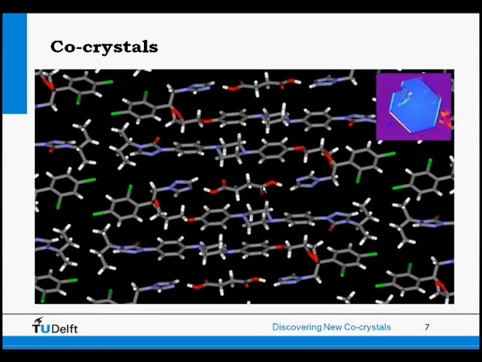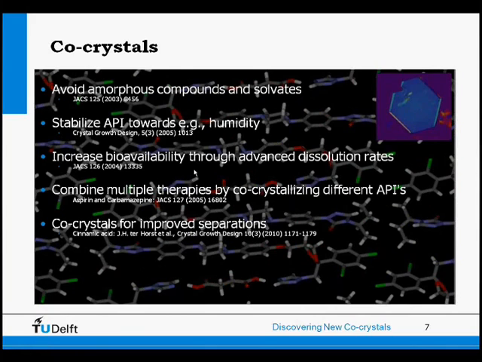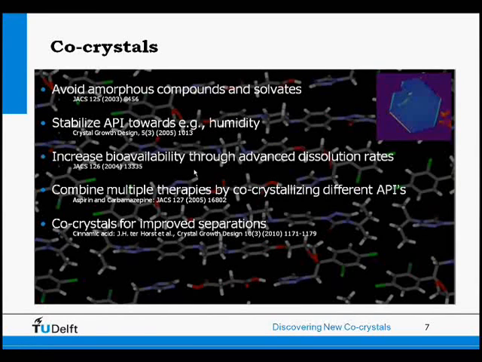And you see a picture of this co-crystal on the right of the slide. So co-crystals can be used to avoid amorphous compounds and solvates, for instance. But they can also be used to completely change crystal properties, to stabilize an API towards humidity, for instance.